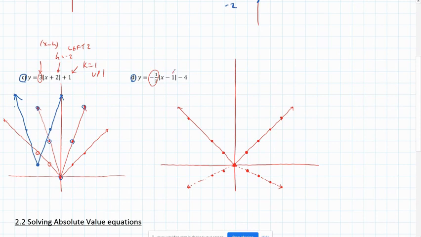Now we're ready to shift it right 1 and down 4.